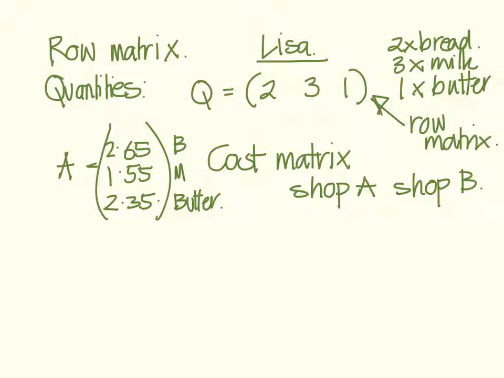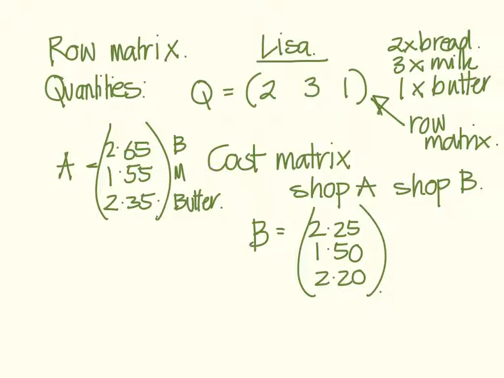Let's just say that our cost matrix for shop B is $2.25 for bread, $1.50 for milk, and $2.20 for butter.